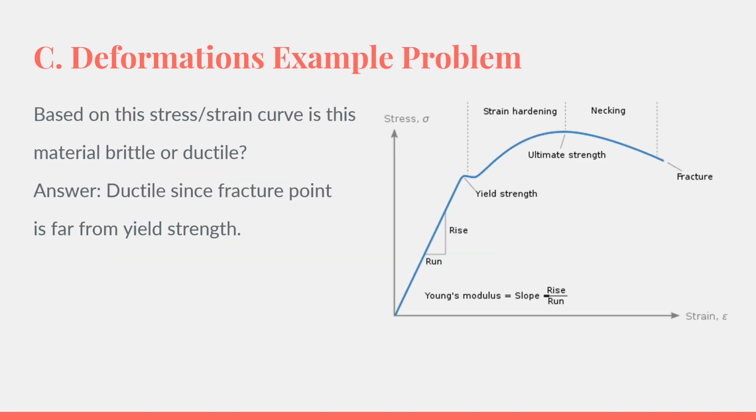An example problem would be to determine if the stress versus strain curve on the right is for a brittle material or ductile material. The answer is that the material is ductile because we can see that the material yields and remains in its plastic deformation stage for a while before finally reaching its fracture point.